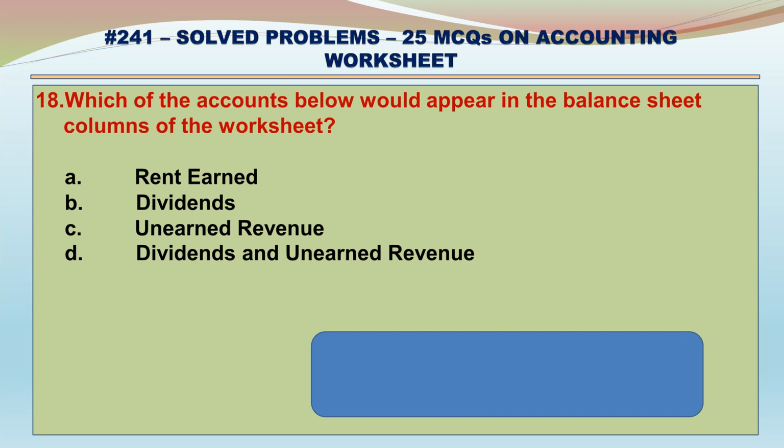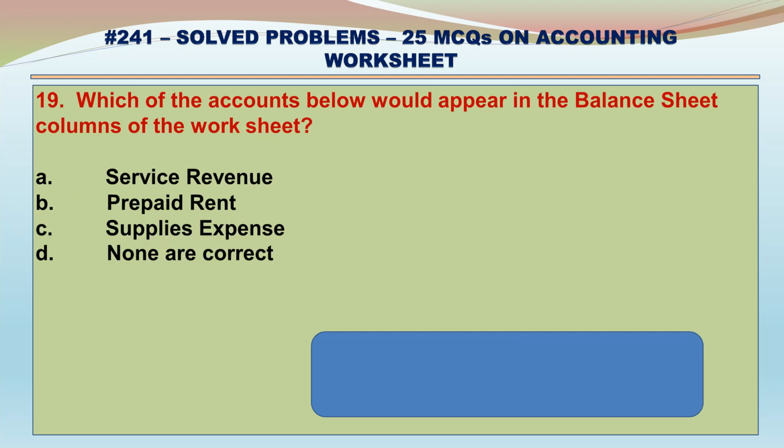Which of the accounts below would appear in the balance sheet columns of the worksheet? Option A. Rent earned. Option B. Dividends. Option C. Unearned revenue. Option D. Dividends and unearned revenue. Option C. Unearned revenue.